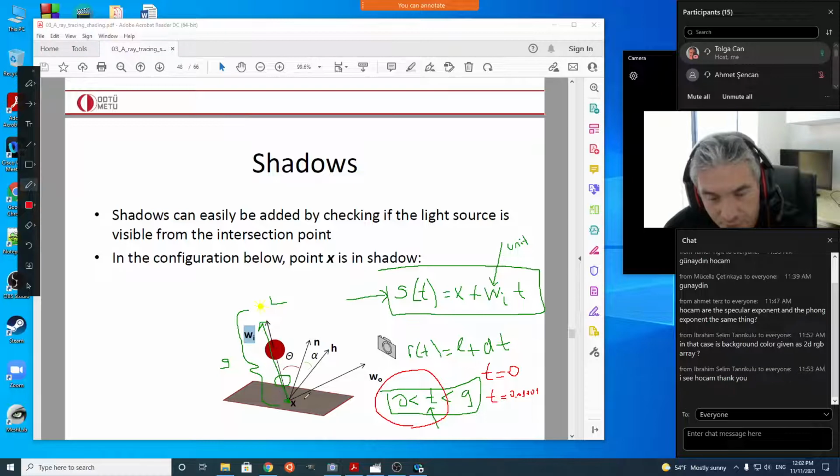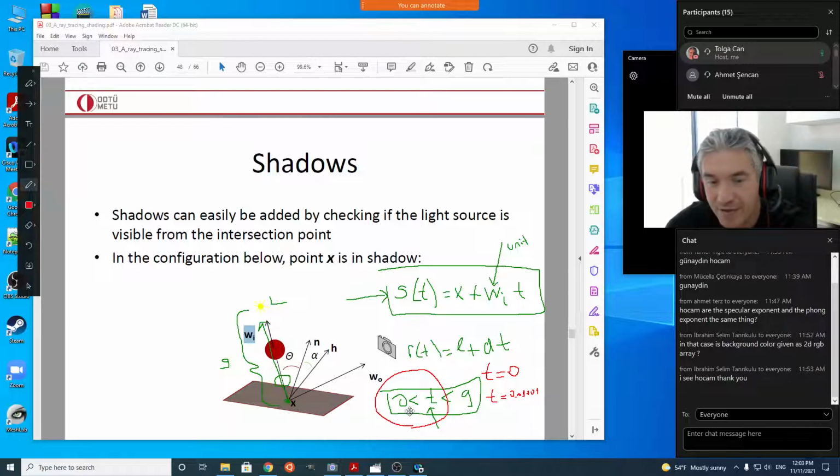So these floating point precision errors will produce some noise, shadow noise around at this x, okay? For some points it will be no shadow, for some points it will be shadow. So actually this object, this sphere, is going to produce a noisy shadow here.